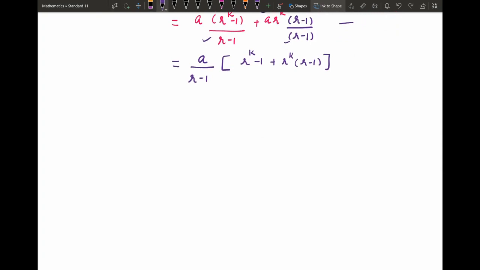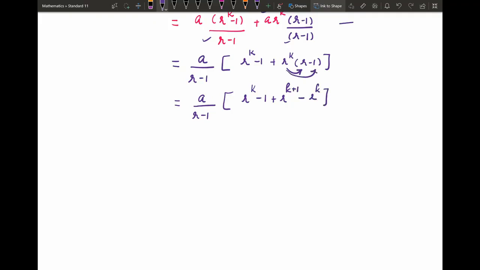So now let us simplify. This is a upon r minus 1 into r raised to k minus 1 plus r raised to k into r, so r raised to k plus 1 minus r raised to k.